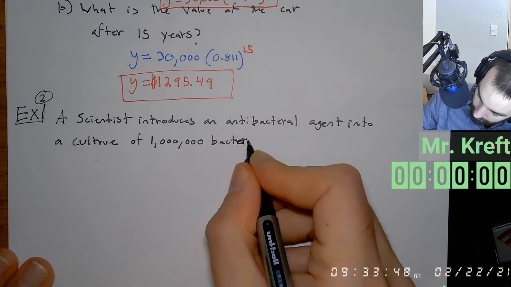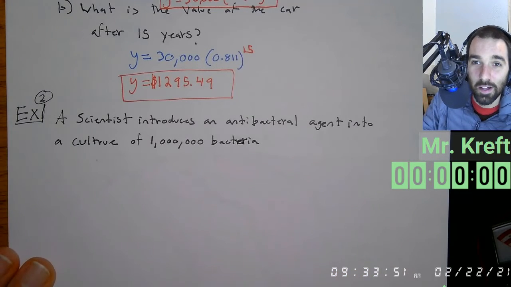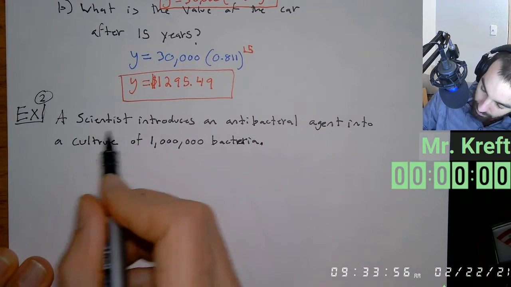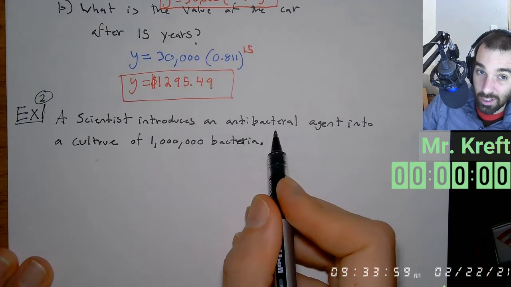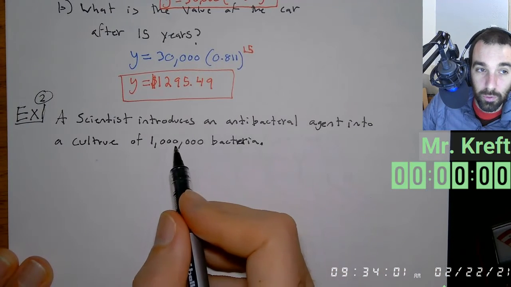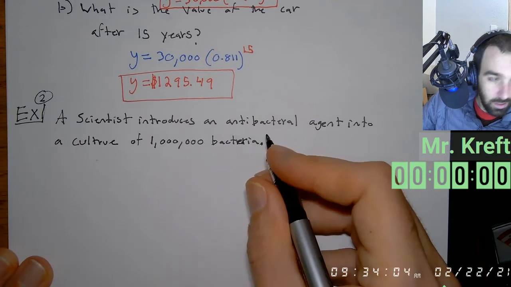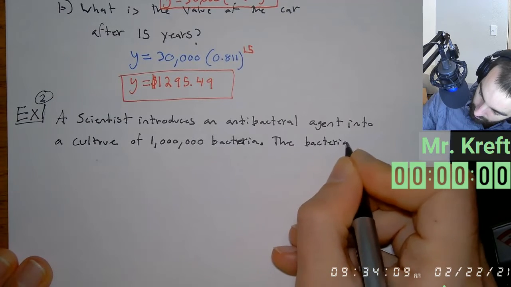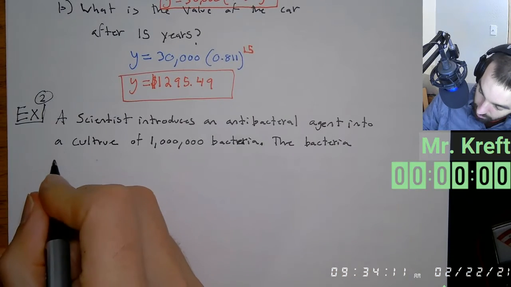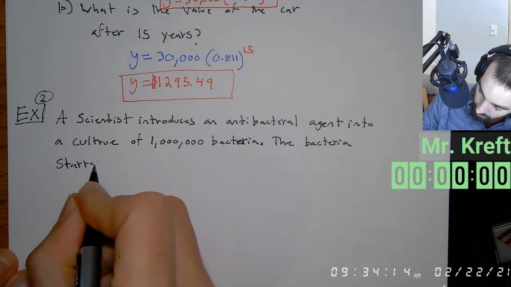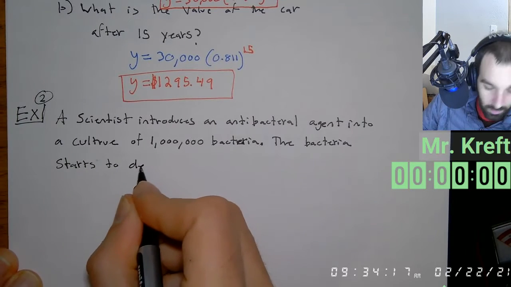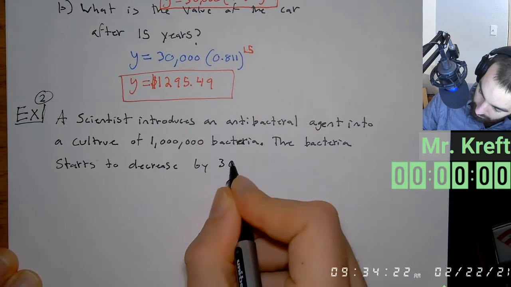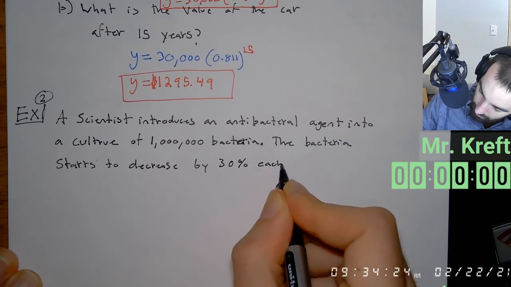That doesn't sound like a lot. I mean, it sounds like a lot, but it isn't that much, right? Because bacteria is really small. So a scientist introduces an antibacterial agent into a culture of 1 million bacteria. The bacteria starts to decrease by 30% each hour.